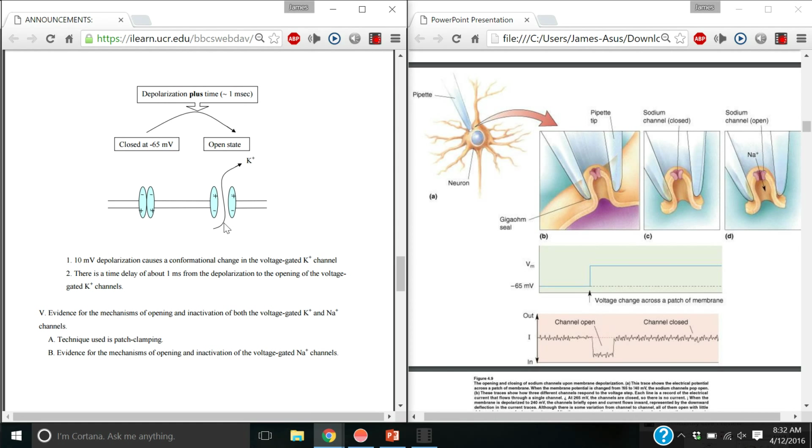Whenever the voltage-gated potassium channel is open, potassium flows down its electrochemical gradient, which is almost always from inside of the neuron to outside. That loss of positively charged ion makes the voltage more negative. Loss of a positive charge makes the voltage more negative.